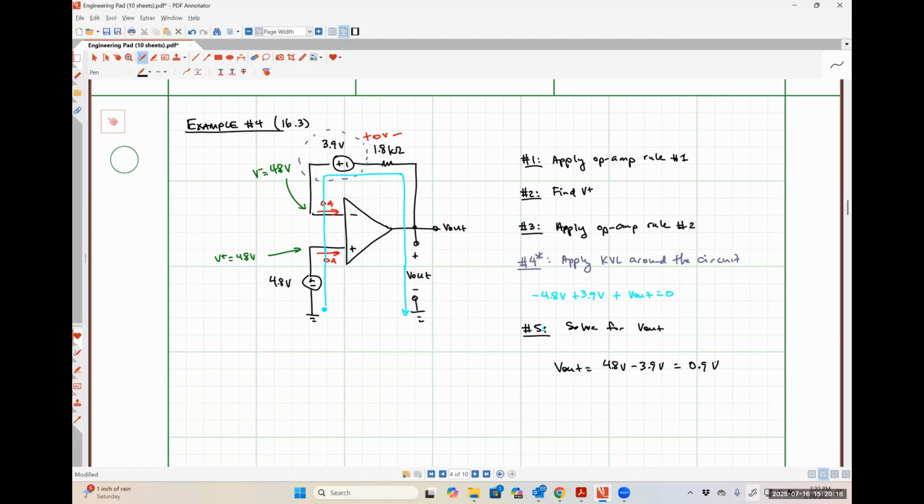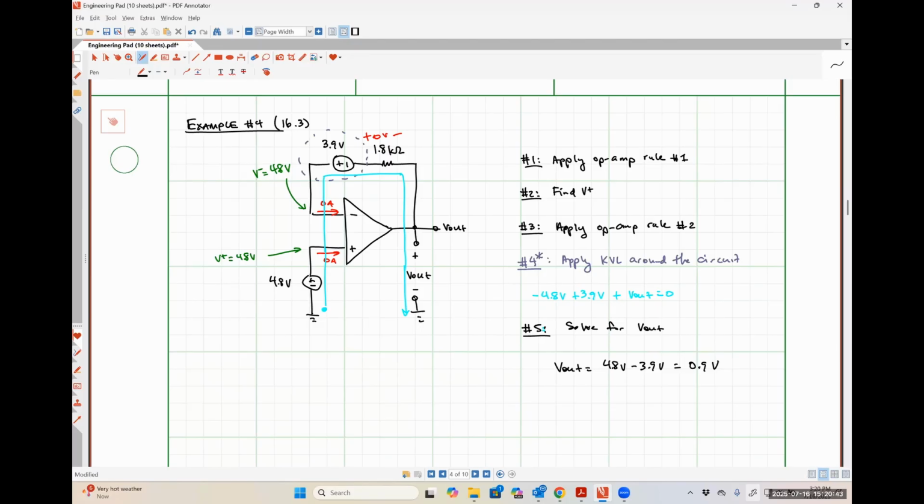So like I said, having the voltage source in the feedback path doesn't make this circuit that much harder. We just have to either change step 4 to use a KCL out of a supernode or KVL around the circuit, and then we'll wind up getting the result.